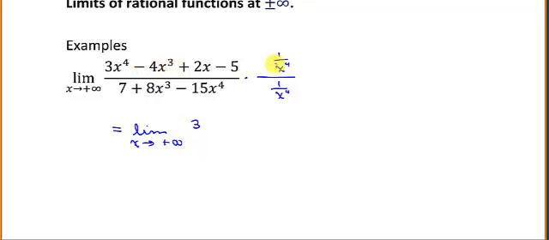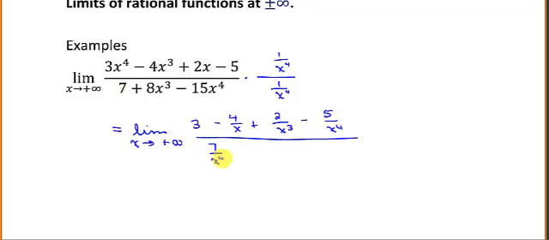Negative 4x to the third times 1 over x to the fourth gives negative 4 over x. 2x times 1 over x to the fourth gives 2 over x cubed, and minus 5 over x to the fourth for the last term. In the denominator, I get 7 over x to the fourth plus 8 over x minus 15.